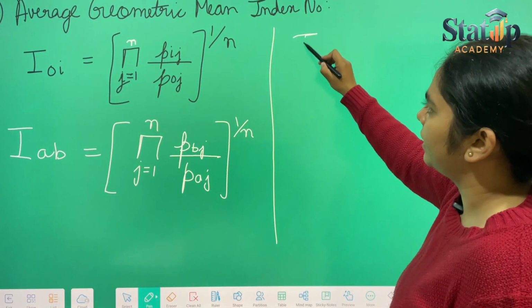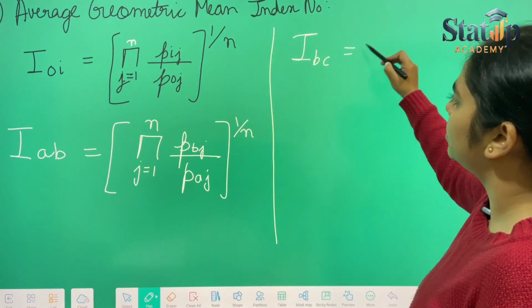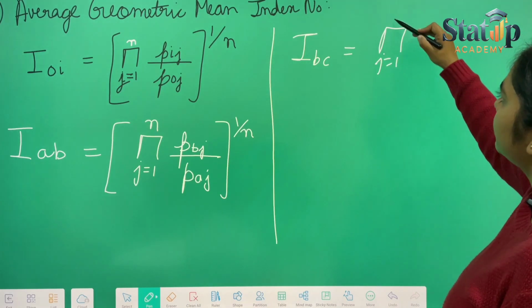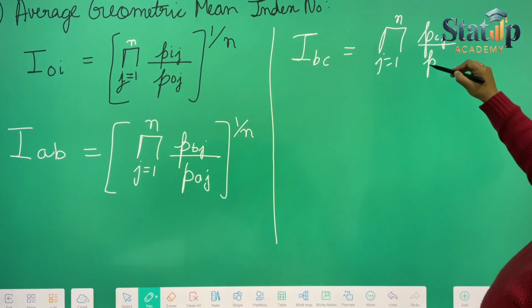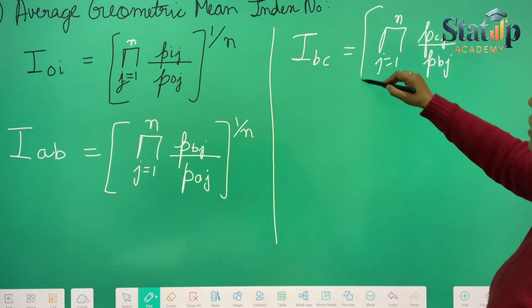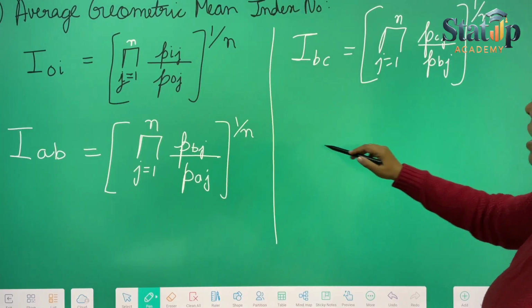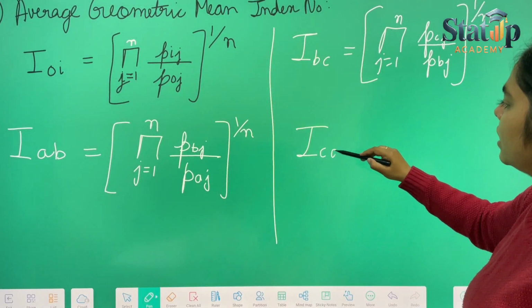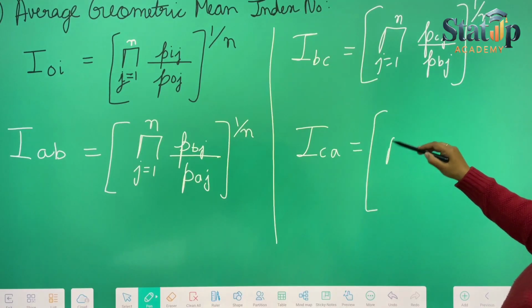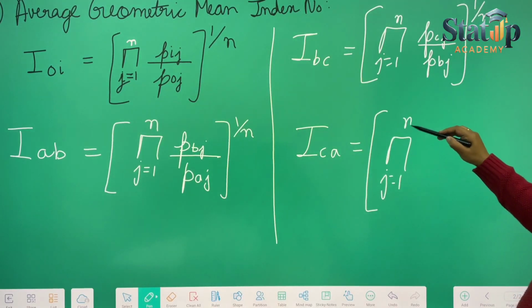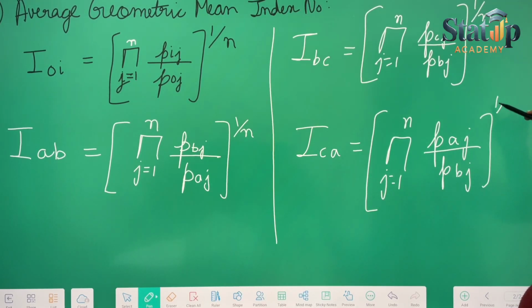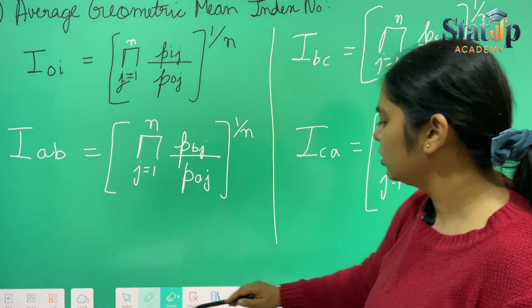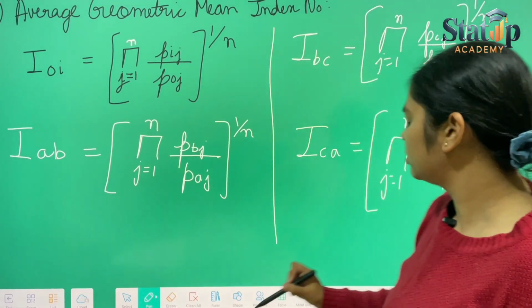If we take IBC, it is j goes from 1 to n, PCJ upon PBJ whole raised to the power 1 upon n. And if we take ICA, it will be j goes from 1 to n, PAJ upon PCJ raised to the power 1 upon n. Sorry, it will be PCJ.